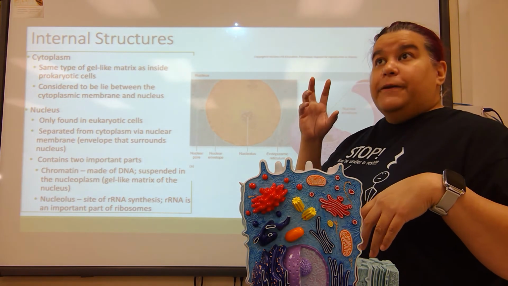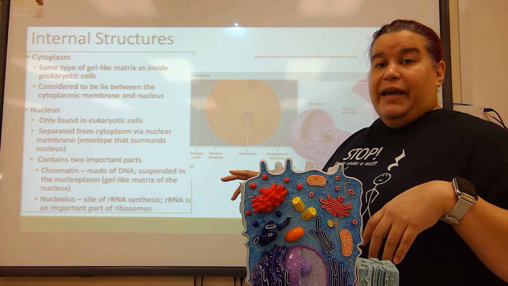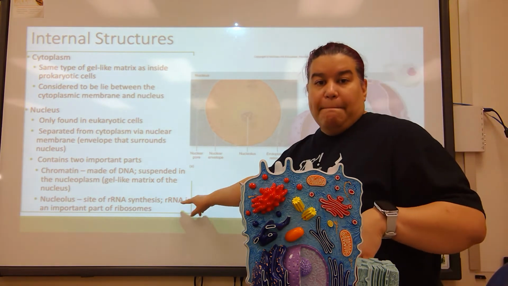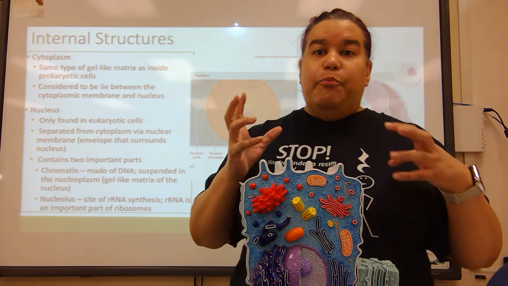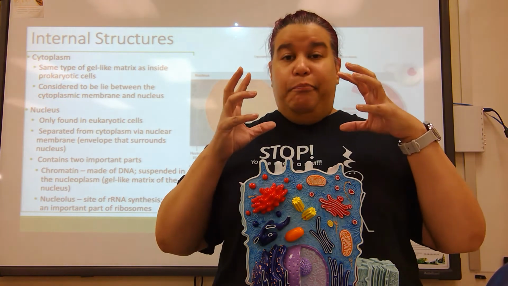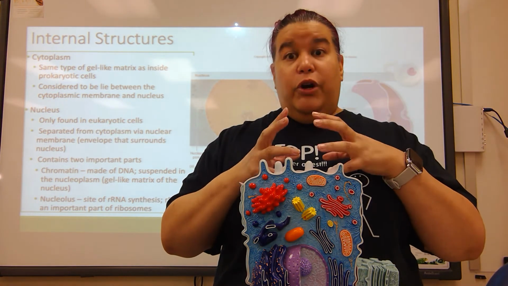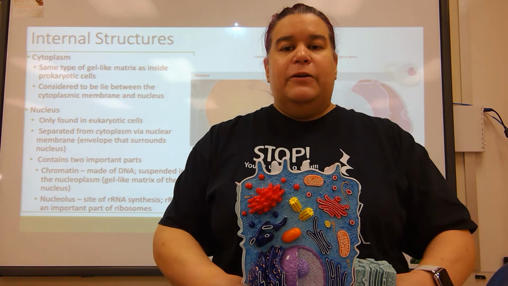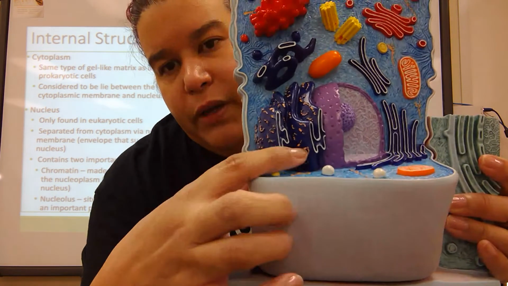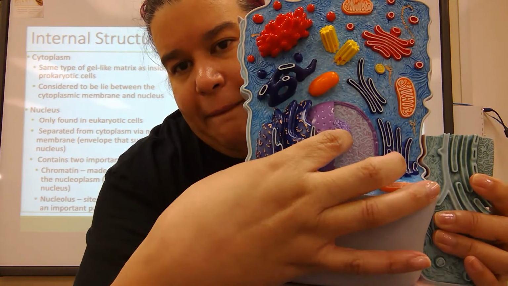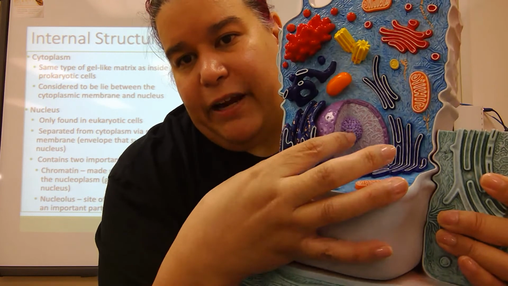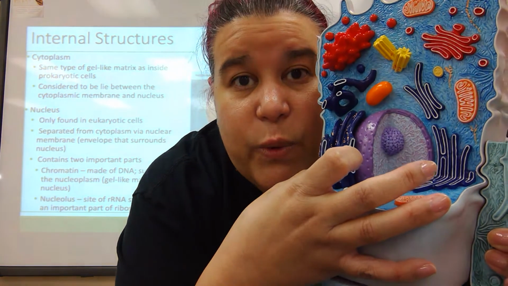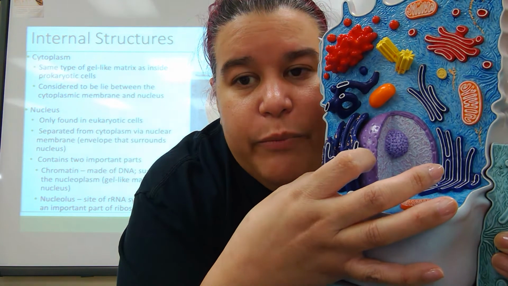Now, the nucleolus is where we make ribosomal RNA. It is an important structure that you find inside of ribosomes. So if you look here, see this dense thing right here, this is the nucleolus. This is where we make our ribosomal RNA.